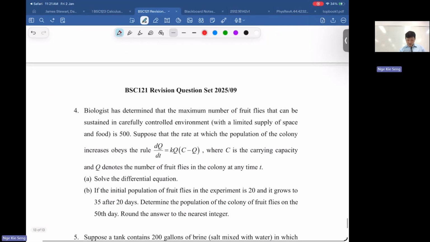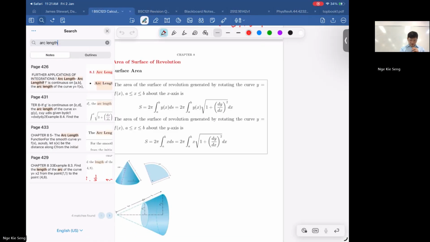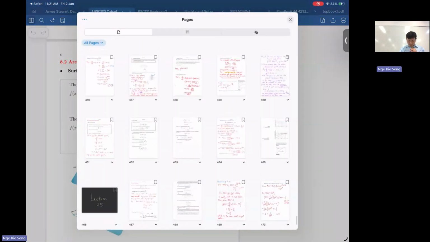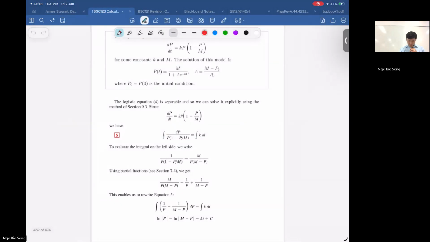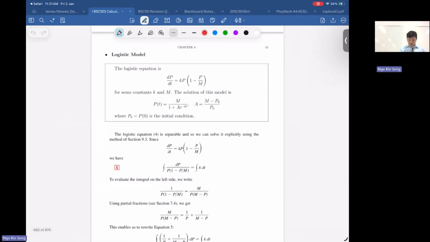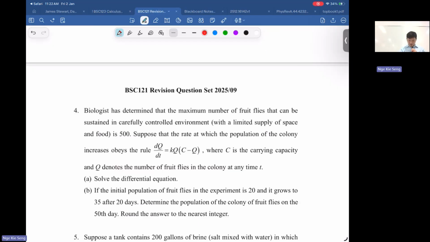And then 4 is the logistic. Is it logistic? Let's check. Yeah, it's the logistic model here, kP times 1 minus P over M. Here M is 1.